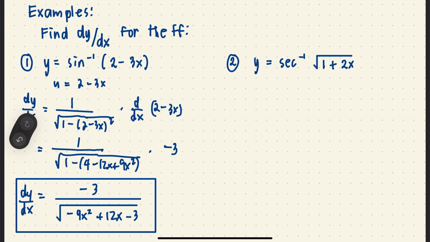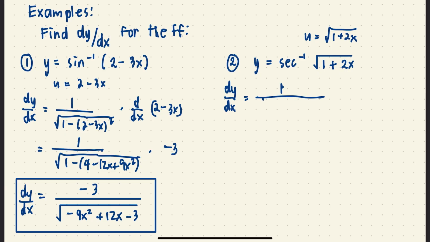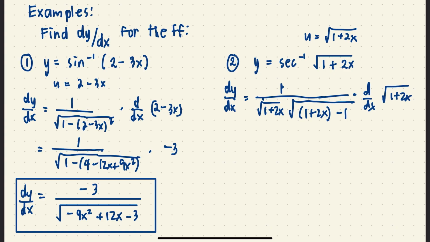So we start with dy over dx equal to, we let u be the square root of 1 plus 2x. So it becomes 1 over u, the square root of 1 plus 2x, times the square root of u squared, which just becomes 1 plus 2x, minus 1, times the derivative of the square root of 1 plus 2x.